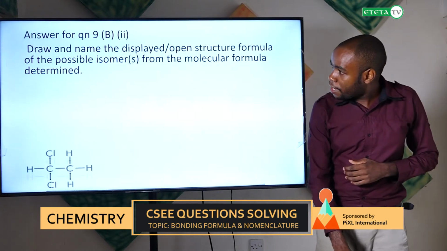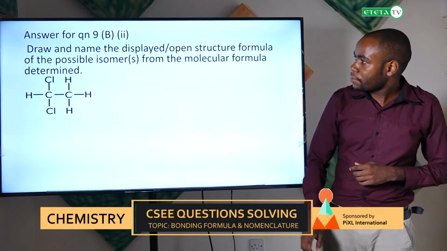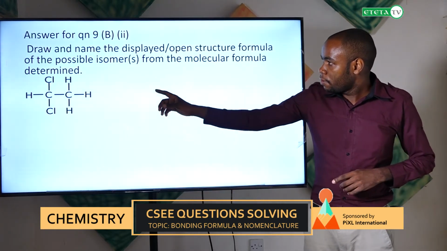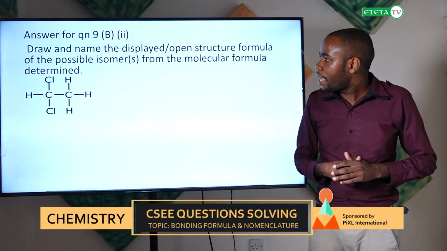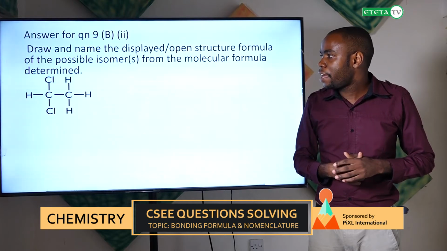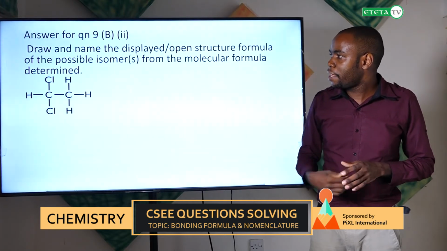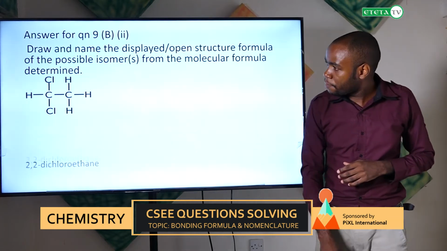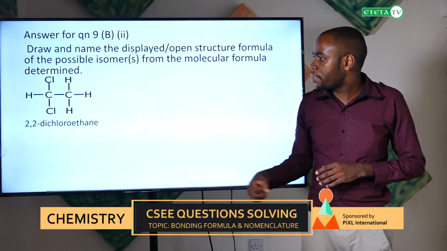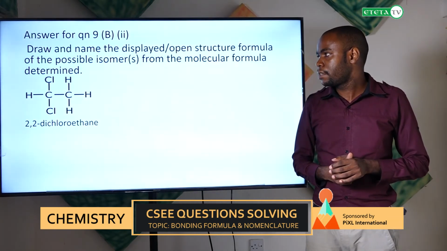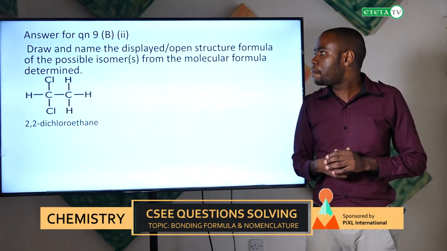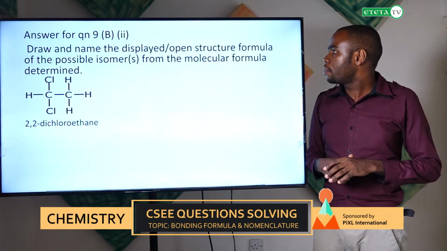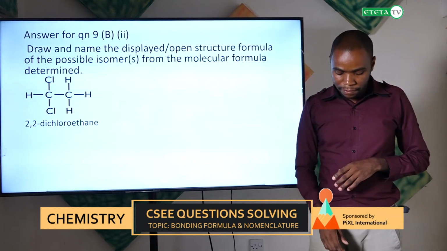The first isomer here is this. The drawing is this one. 1,1-dichloroethane. This is the open structure of 1,1-dichloroethane, and the name is 1,1-dichloroethane. So this is the open structure for the first isomer.